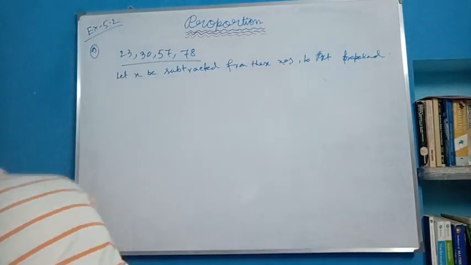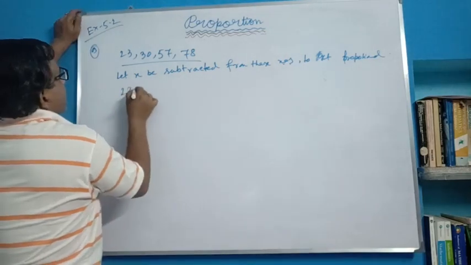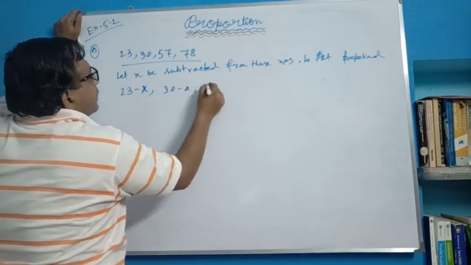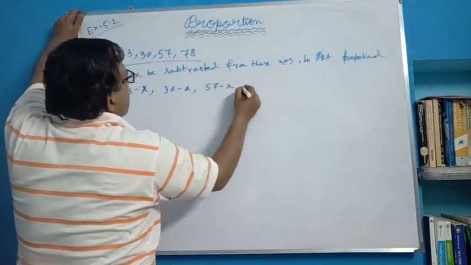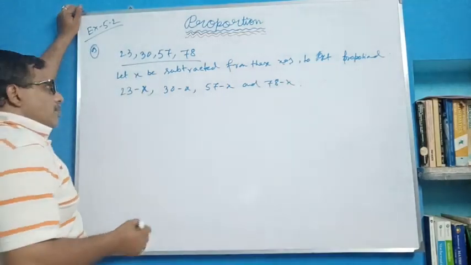That means what have to do? If we subtract x, then we get the numbers 23 minus x, 30 minus x, 57 minus x and 78 minus x. Now these are in proportion.